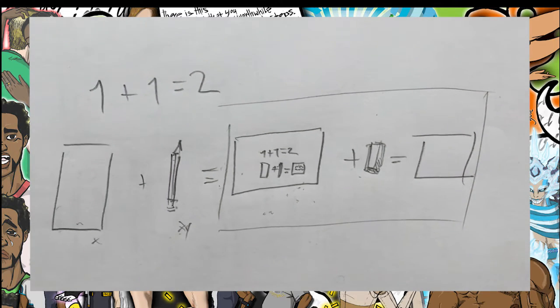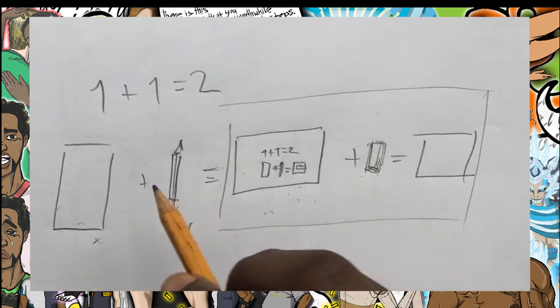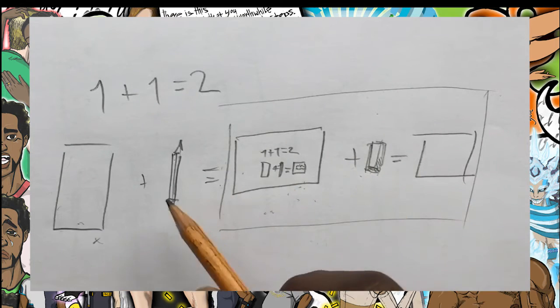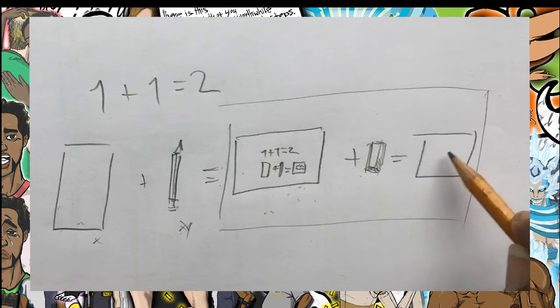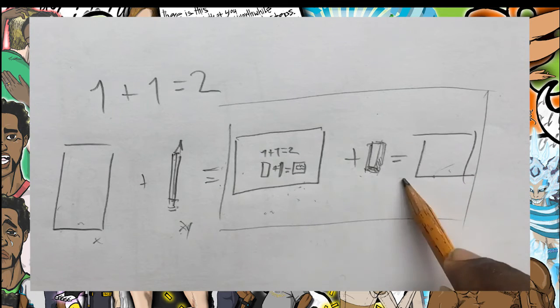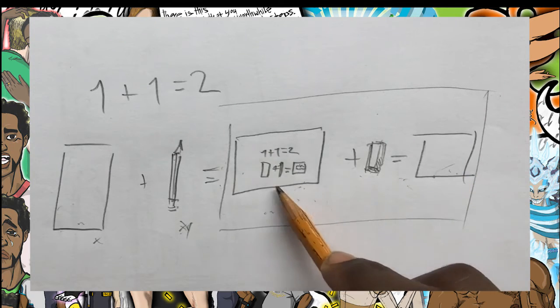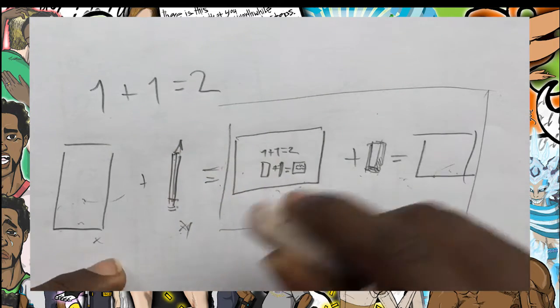So in this situation, now you have an additional use of another piece of stationery, and that changes this initial piece of stationery into a different kind of state. Now, is this 1 plus 1 equals 0, or is this 1 plus 1 equals back to the initial x of this thing? Now, are these things in kind?